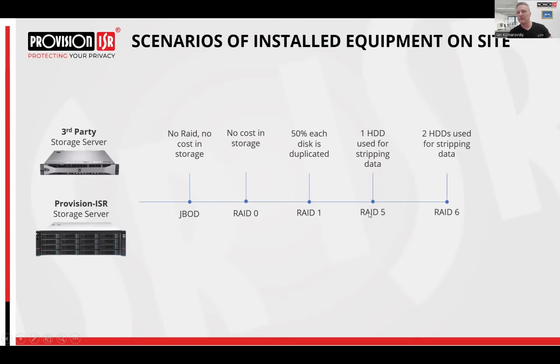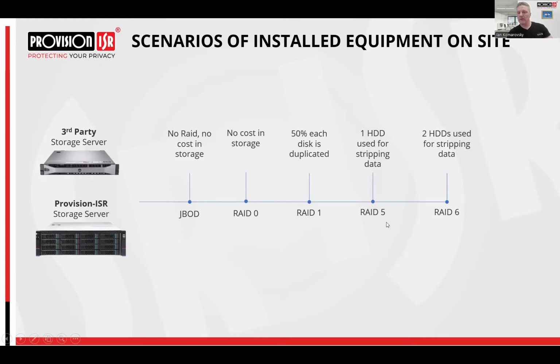So in case that you want to make sure that your data is not going to be harmed in case of one of the hard drive malfunctions, you can use RAID 5 or RAID 6. So some of the hard drives are going to be reserved. It will be like having an extra hard drive, so in case one of the hard drives is going to be broken, the information recording will still be maintained on the storage.